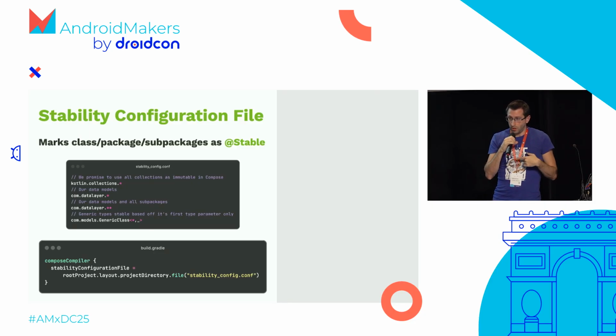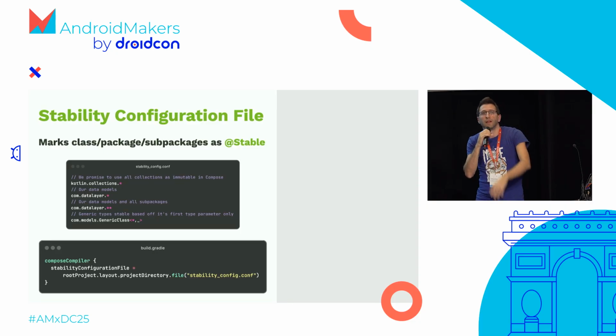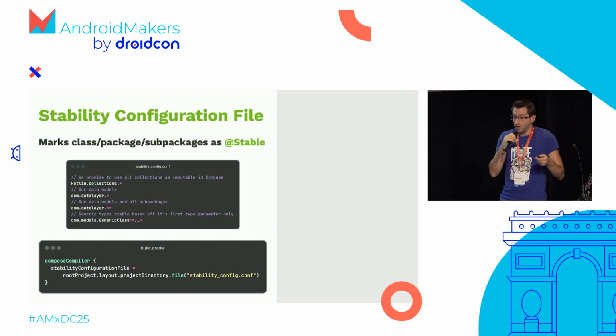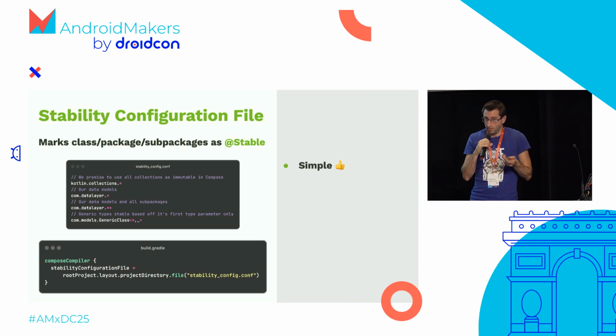And also in Gradle, tell the Compose compiler, hey, here is my configuration file. And whenever Compose compiles, it will tag all your code that you define here as stable, which is great because this is very simple. You see, only one file plus the Gradle thingy.